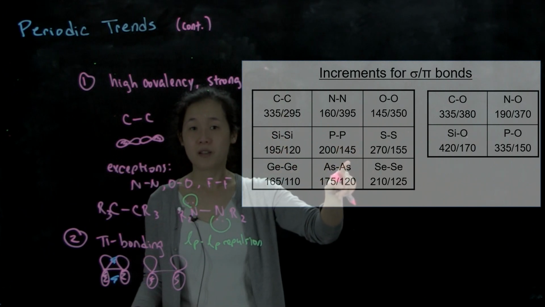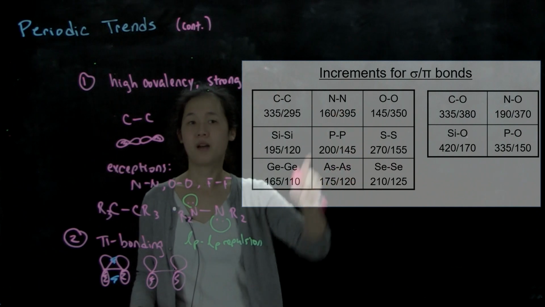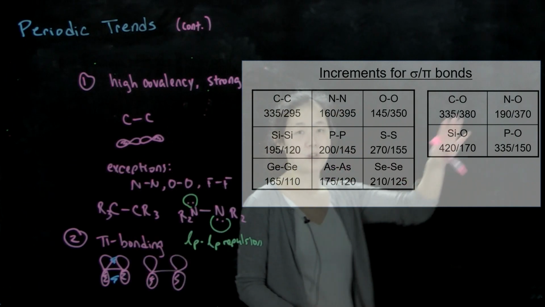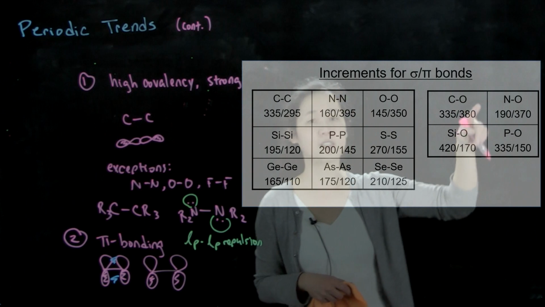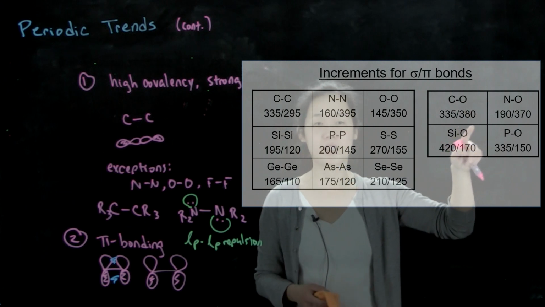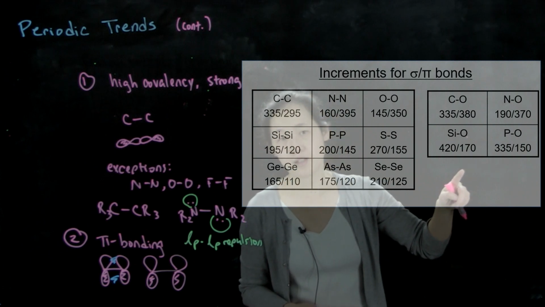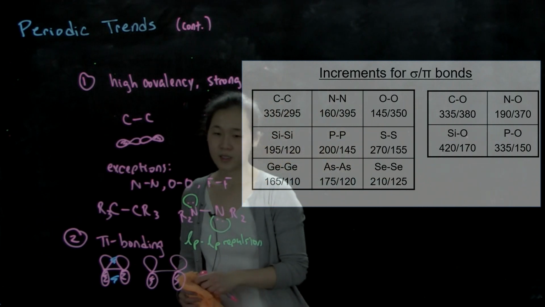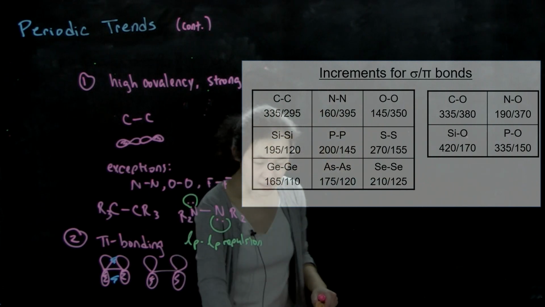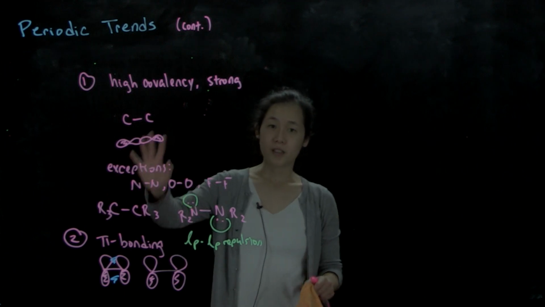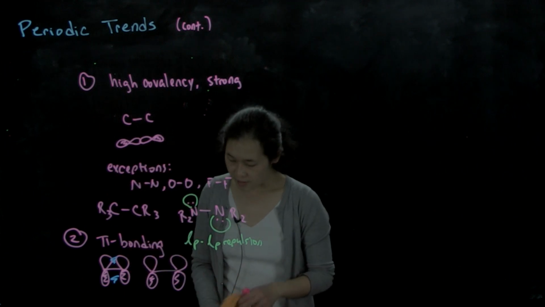So the PP pi bond is much, much weaker than the nitrogen-nitrogen pi bond. And that's the case also for heteroatomic pi bonding as well. So we have strong CO bonds, but weak silicon-oxygen pi bonding. OK, great. So those are two factors: pi bonding and strong, high covalency.